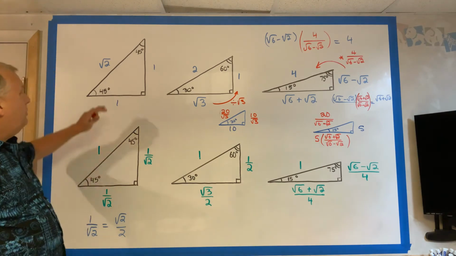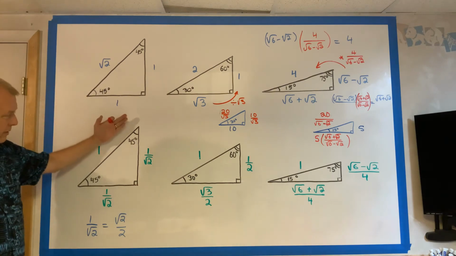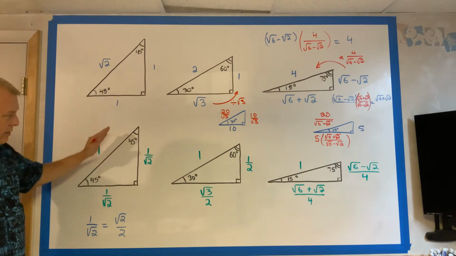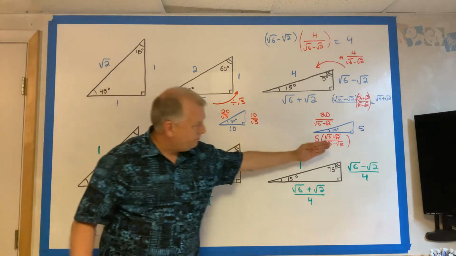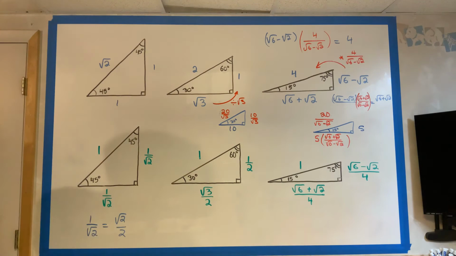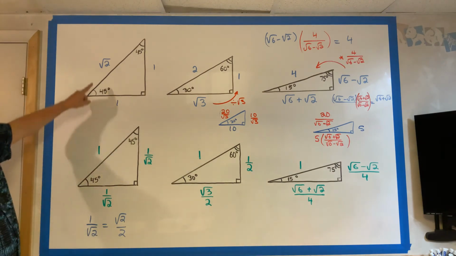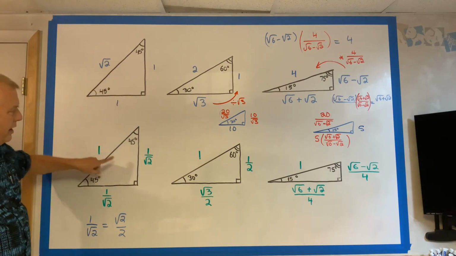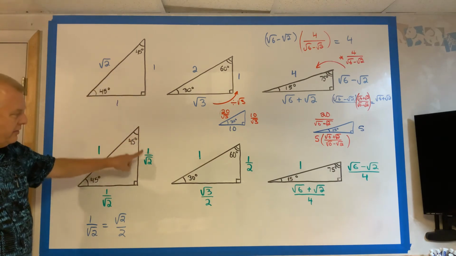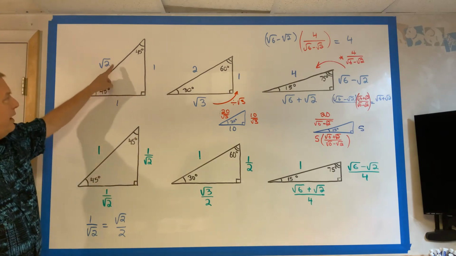Now, sometimes you want to use right triangles with the hypotenuse equal to 1 because you want to have the triangles have the same hypotenuse length. And here I've drawn them pretty close to the same. If that's the case, you still use this ratio of sides. If the hypotenuse is 1, how do you learn the leg's length? Well, to go from root 2 to 1, you divided by root 2.